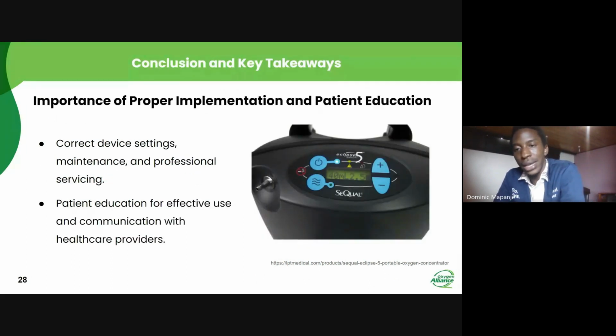What are some takeaways from all that we have learned today? For the successful implementation of pulse flow oxygen delivery, there is need for correct and easy device settings, so that the patient at home can easily set the flow depending on their condition. There's also need for regular maintenance and professional servicing.